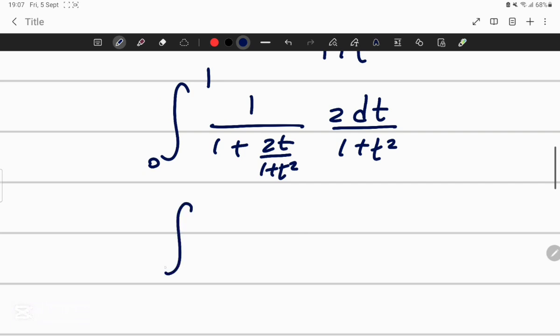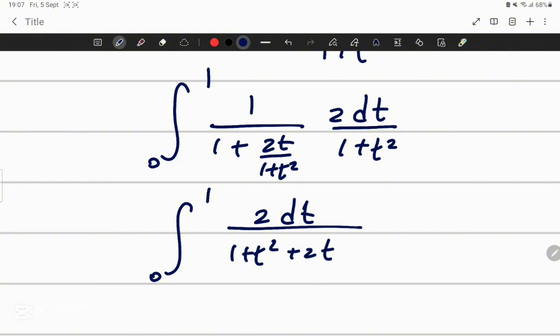Now I am going to use that here, 2t over 1 plus t square. Okay, which is what? 0 to 1, 2 dt over 1 plus t square plus 2t, right?